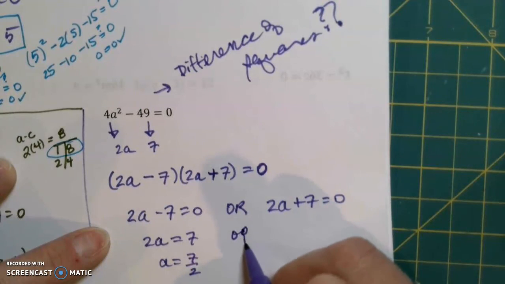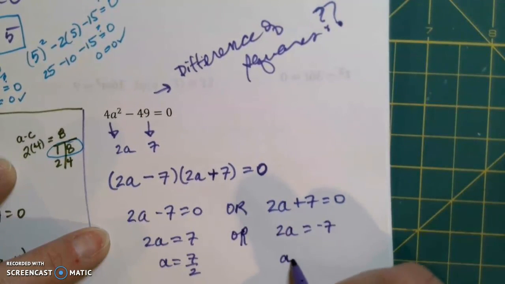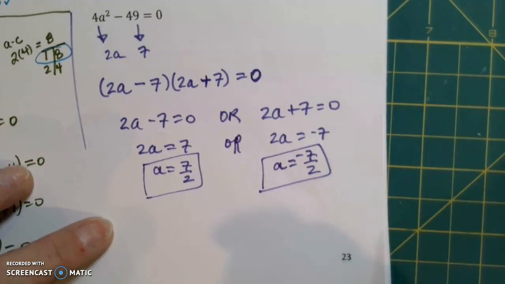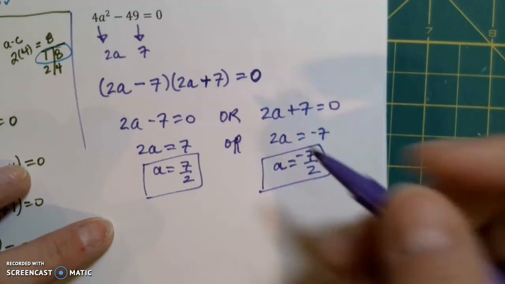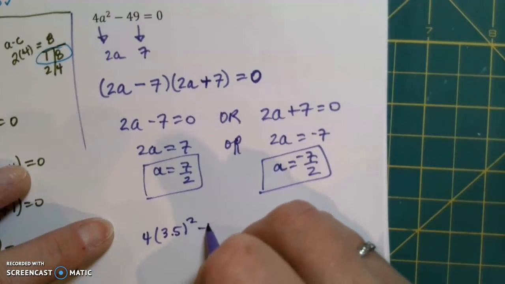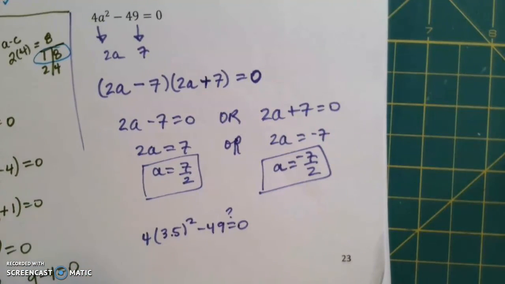So a is 7/2, or a is -7/2. And then go back to check those in the original equation. Okay, so 7/2, again, if you want to use the 3.5 in that for checking purposes, that's fine. Just be careful when you're doing your calculator work that only the 3.5 is getting squared.